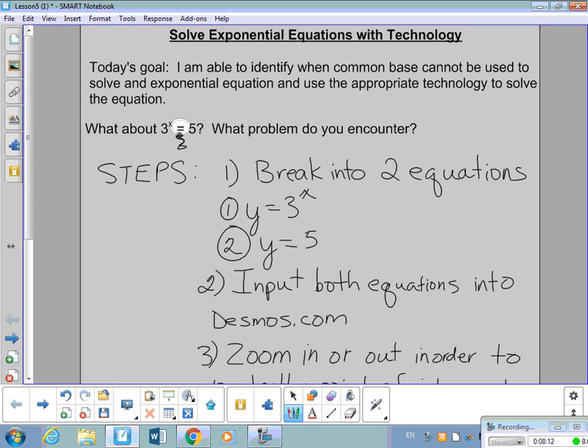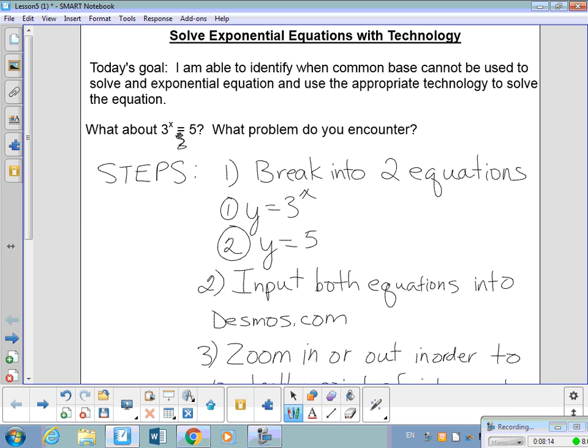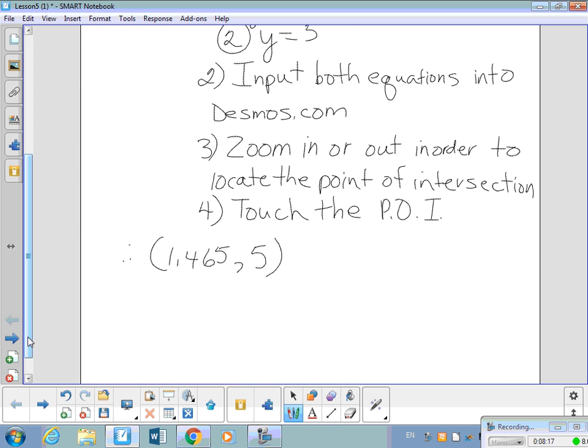Okay, so it's pretty much like that for everything with technology. Very, very simple using Desmos. If you've ever tried to find a point of intersection with a graphing calculator, you'll understand that this is so much easier. So let's take a look at a couple examples.